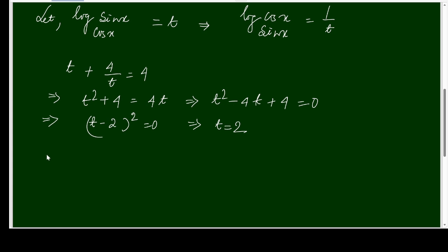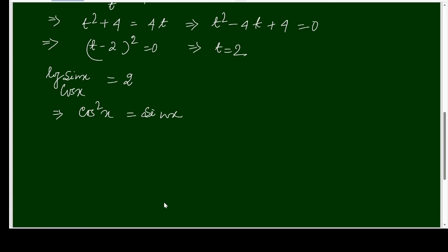What is t? t is log sin x base cos x. This is equal to 2. That means I can write cos square x equals to sin x. Cos square x equals to sin x.